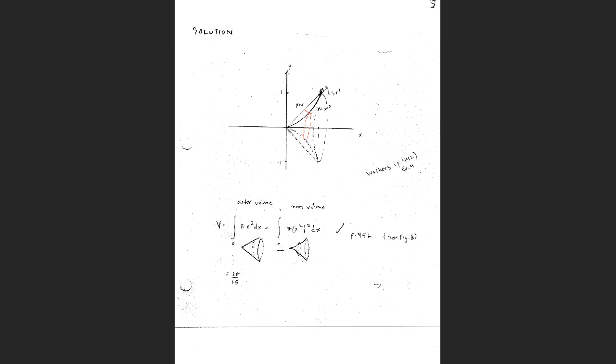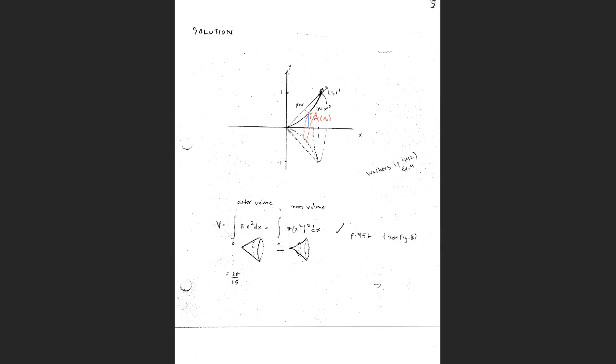Okay, so there's a cross-sectional area, A of x. And we want to find a formula for that cross-sectional area. So naturally, we need to find this radius here.